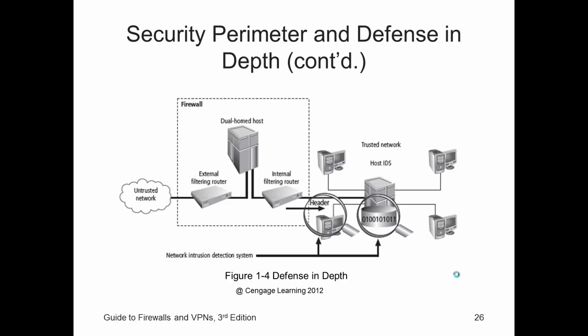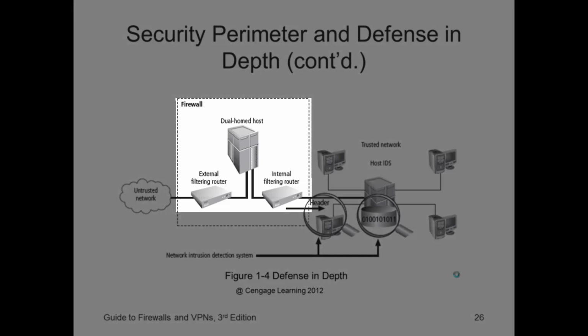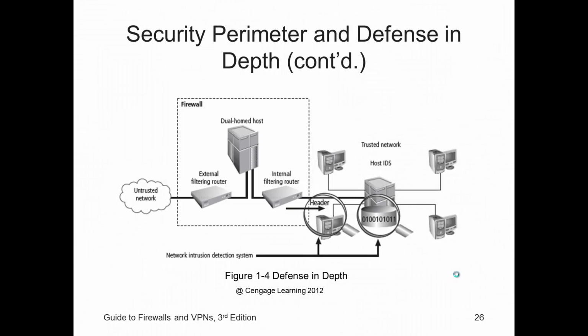When we start looking inside, and even in the DMZ here, this could be physically 3 separate devices, or this could be logically 3 separate devices that all reside in a single piece of hardware, where we've got internal filtering happening on the internal NIC.